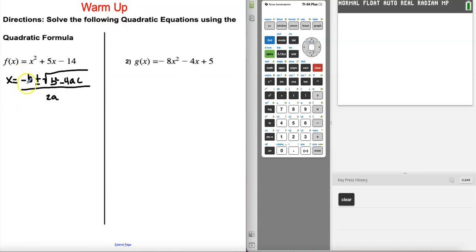So I substitute my values in. a is equal to, in this case, 1, b is equal to 5, and c is equal to negative 14.